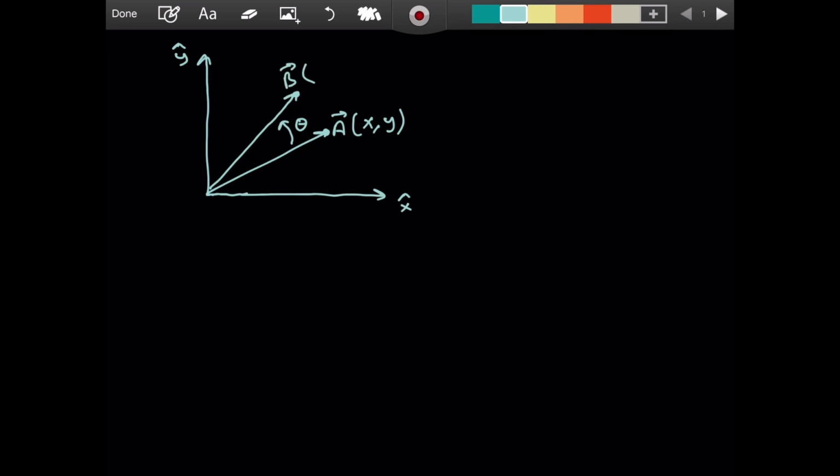And it will have coordinates x, let's put a little apostrophe on top of it. Okay, so this is the new x and the new y.